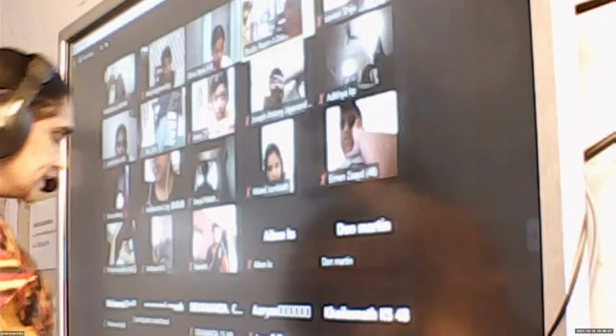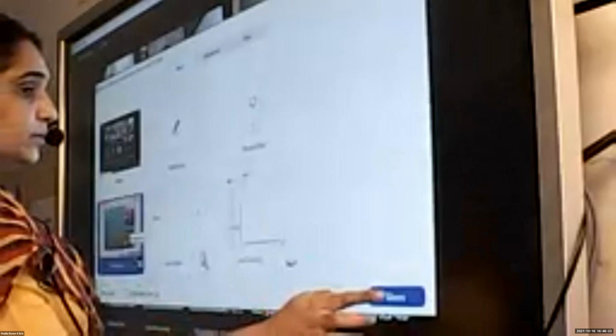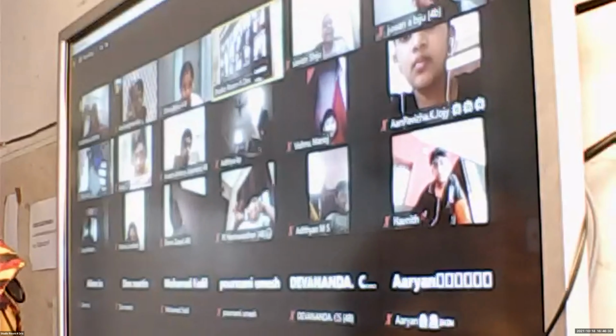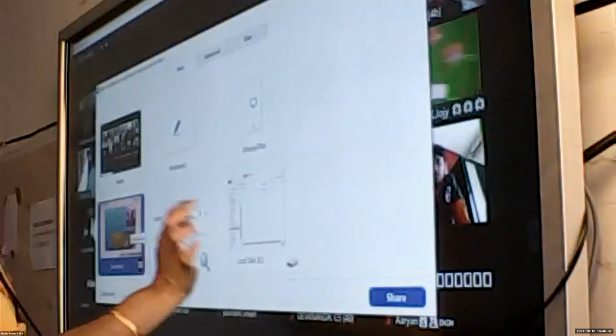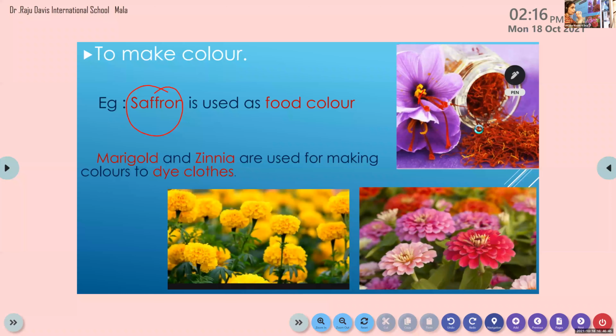So in this picture, you can see, children, it is a thread-like thing. It is the thread-like part of that flower, which we put in our food for producing color and pleasant smell.